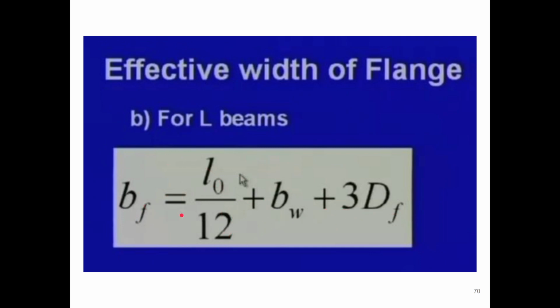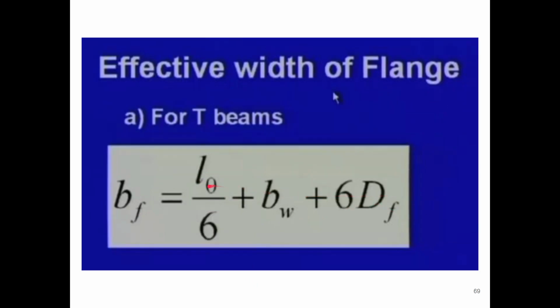L naught is basically the length of the beam, that is, the region till where the moment in the beam is zero. So the distance between two zero moment locations is considered to be the length of the beam, L naught. So BF equals L naught by 12 plus BW plus 3DF for an L beam, and for a T beam it is L naught by 6 plus BW plus 6DF.